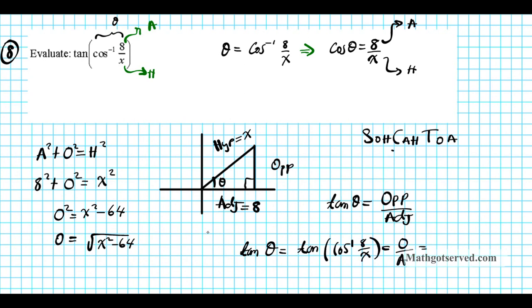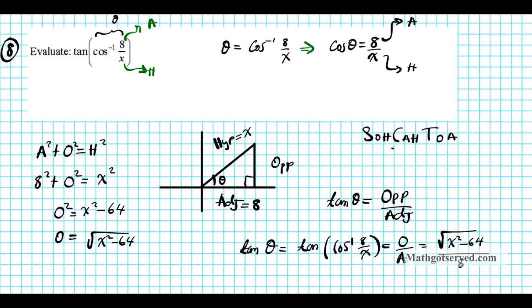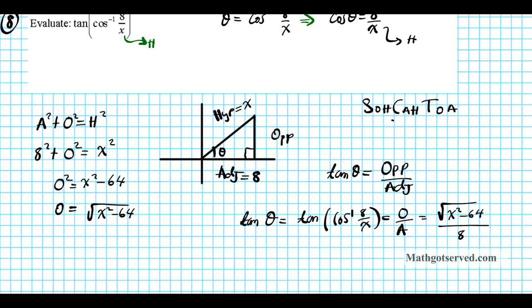Our opposite is the square root of x squared minus 64, and our adjacent is 8. Alright, so that gives our final answer: the square root of x squared minus 64, divided by 8. Okay, so that's that.